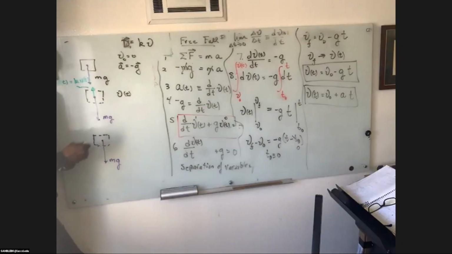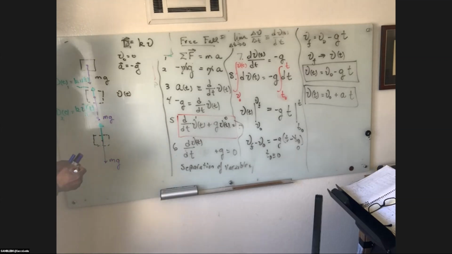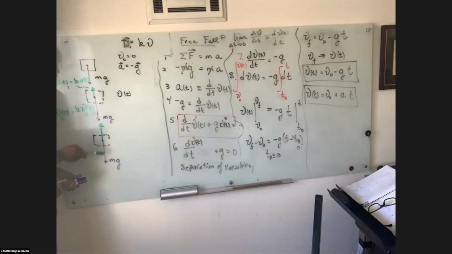Increases. It increased even more. Why? Because its speed has increased. So I'll call this drag D1 and this D2, which is equal to k v2, in the second instance. So that's what's happening to the velocity and the drag force.